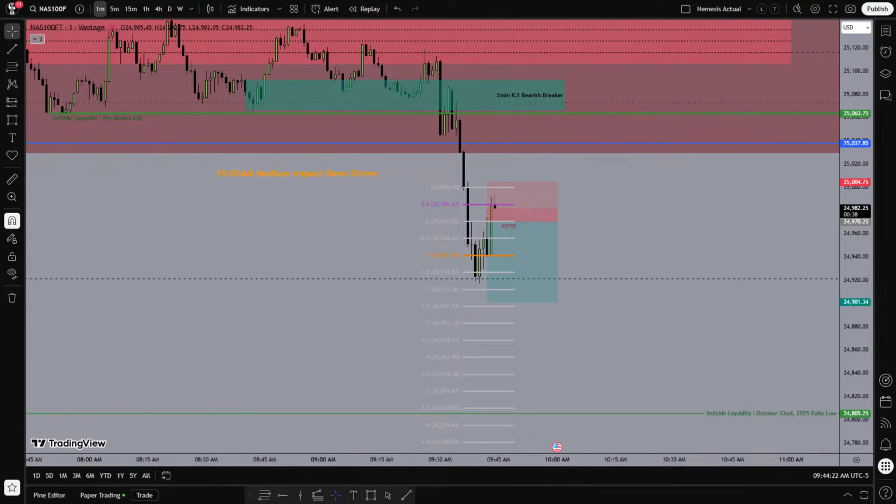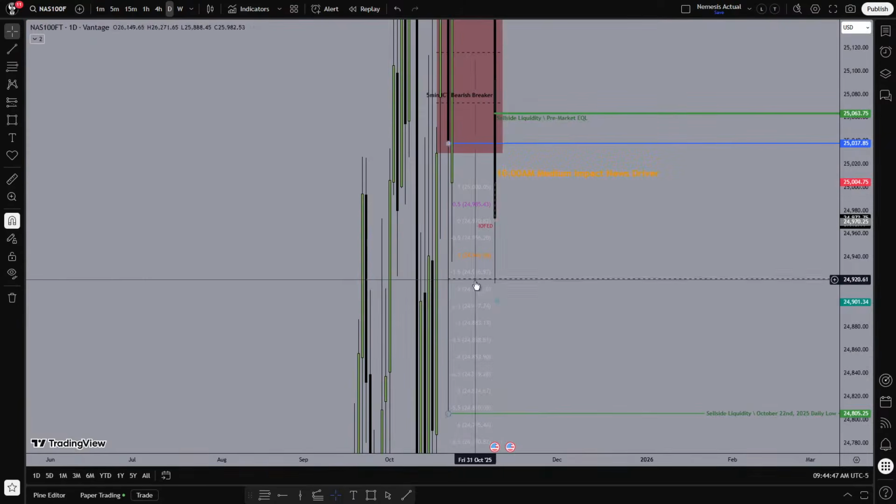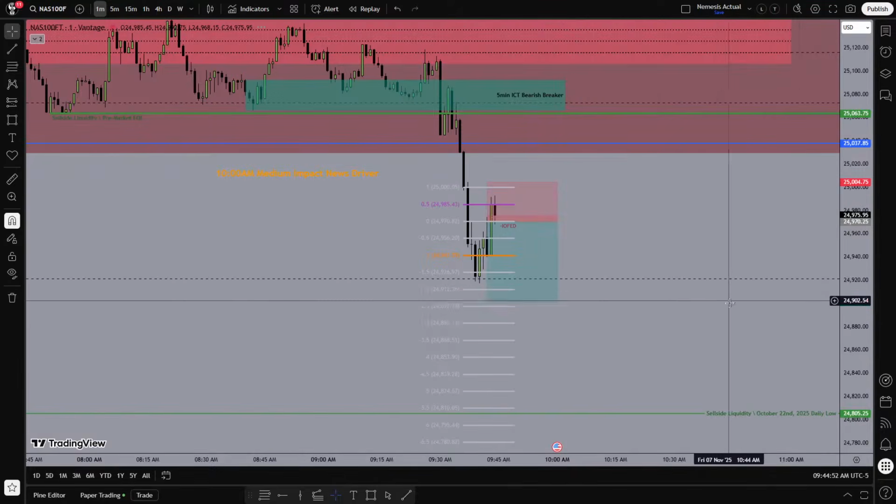Dollar index is showing continuous weakness since we have hit the buy side that completed that market maker buy model. So now the dollar is trading to the wick from October 30th. And I think, wait, is this the October 30th? Yeah, this is October 22nd. Strange.